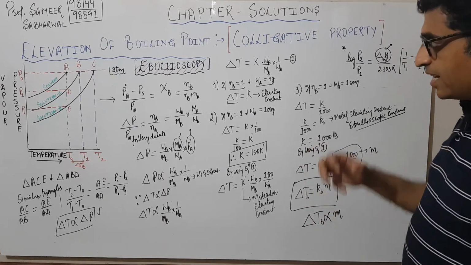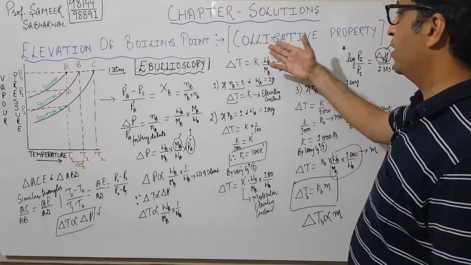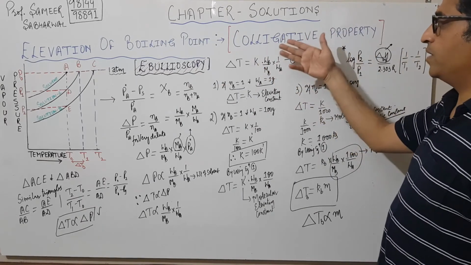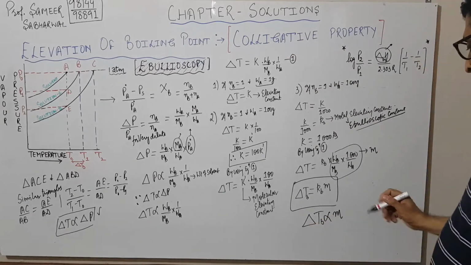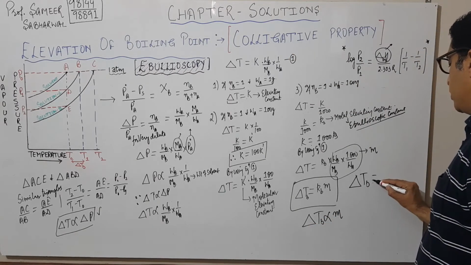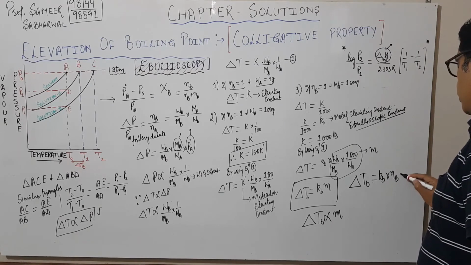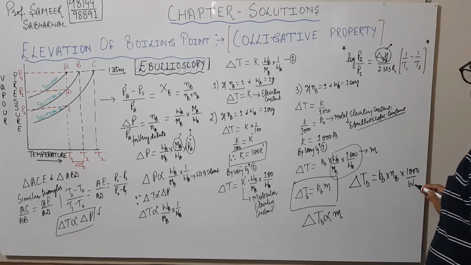And earlier I mentioned that elevation of boiling point is a colligative property. So what do we mean by colligative property? A property which depends upon the number of moles of solute. Now you can see delta TB is equal to, I'm rewriting this equation, KB into the number of moles of solute per kilogram of solvent.